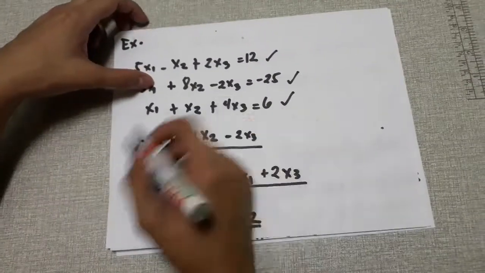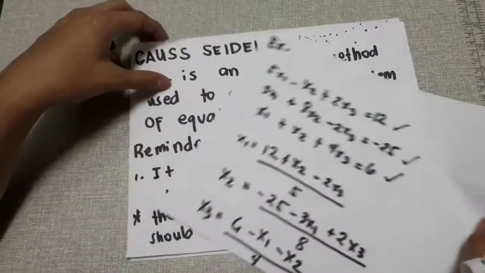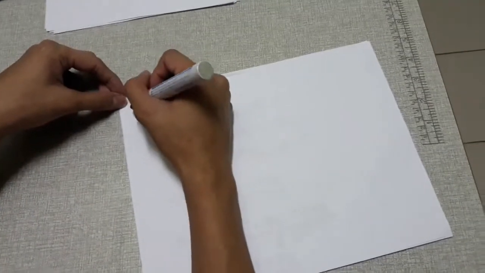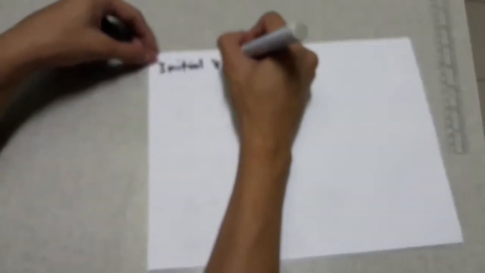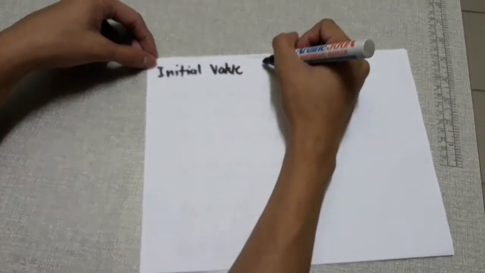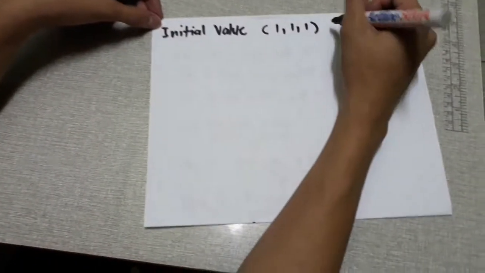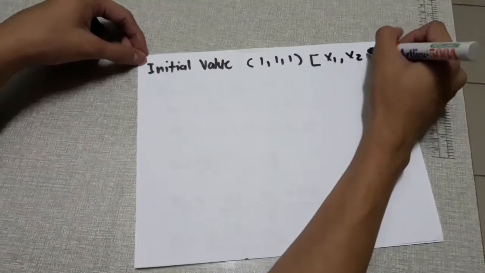Having all the equations for x sub 1 to x sub 3, we will put in the initial values. Our initial values are 1, 1, and 1, and we substitute them as the initial values for x sub 1, x sub 2, and x sub 3.